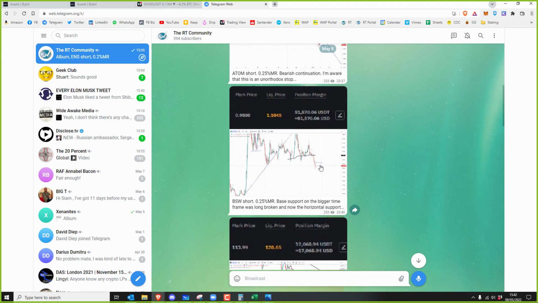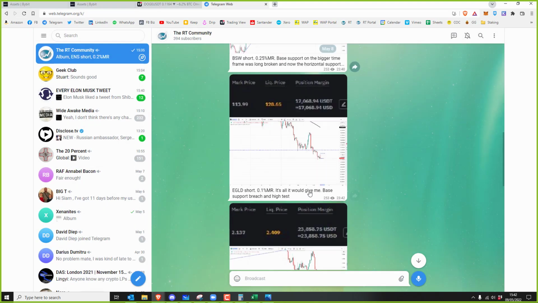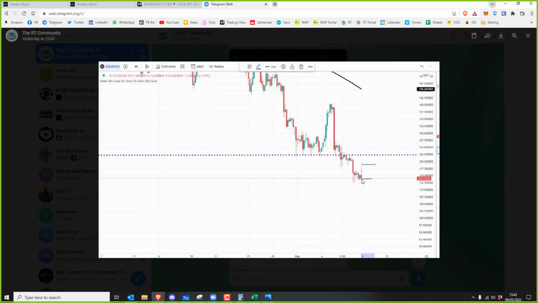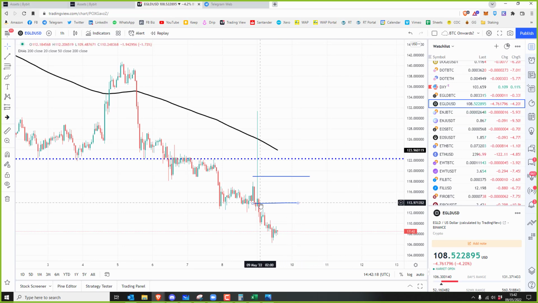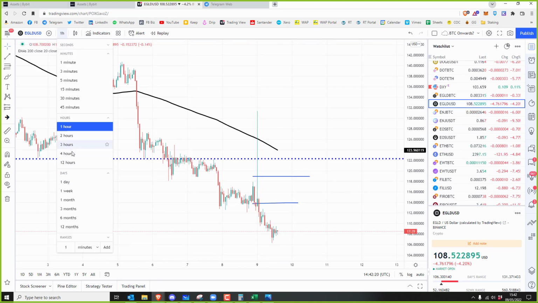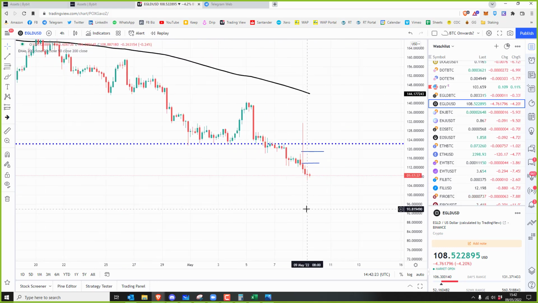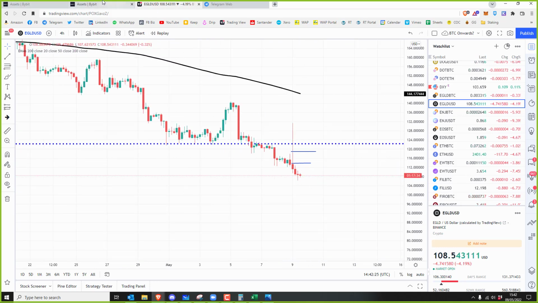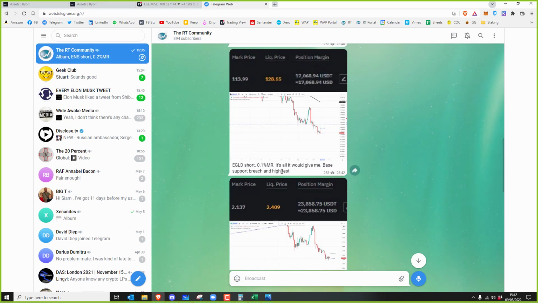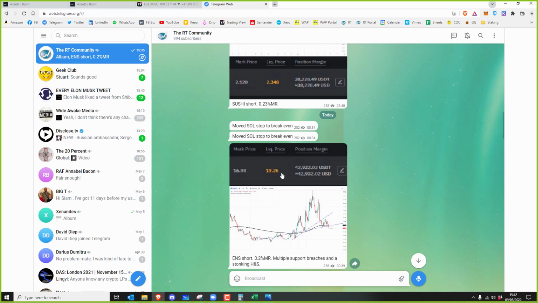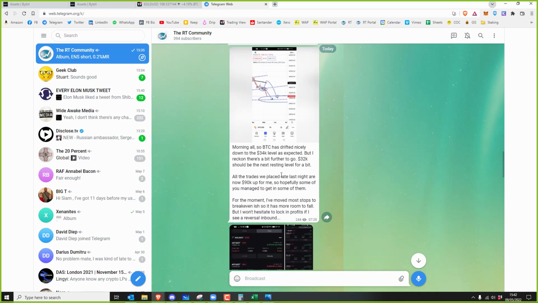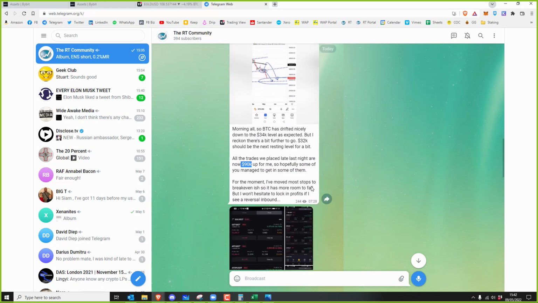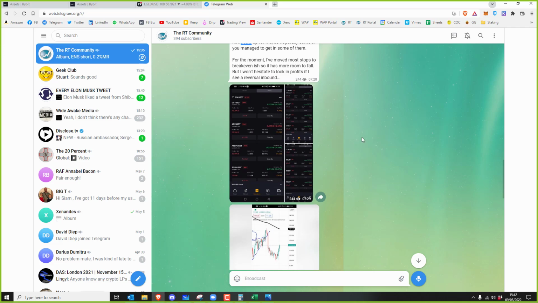Look at BSTW and eGold. That was lovely. If we look at eGold on the 1 hour chart, it's moved down nicely. I woke up this morning and was 80 grand up, or something like that, 90 grand up. So on that occasion I left them.